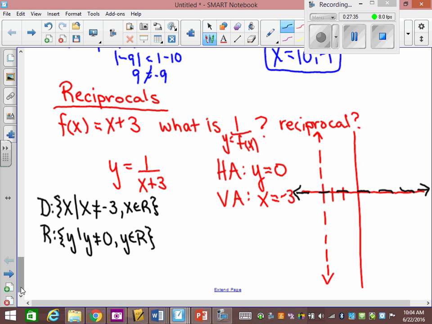Now if we want to sketch this graph, we have to draw the original. So I'm going to draw the original in green. The original is x plus 3. So at 3, and then I'm going to go up 1, right 1. Up 1, right 1.